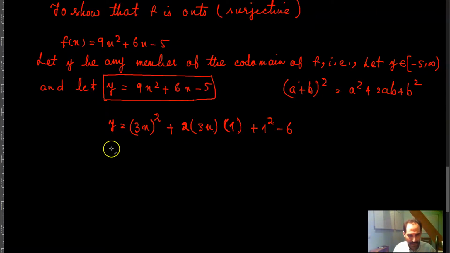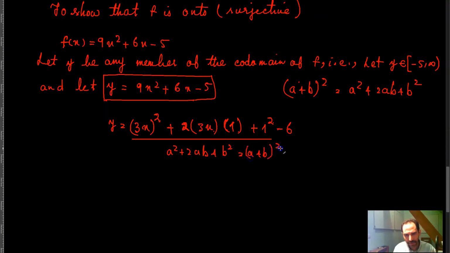So now this part is the same thing as a squared plus 2ab plus b squared, which can be written as (a plus b) whole squared, right?